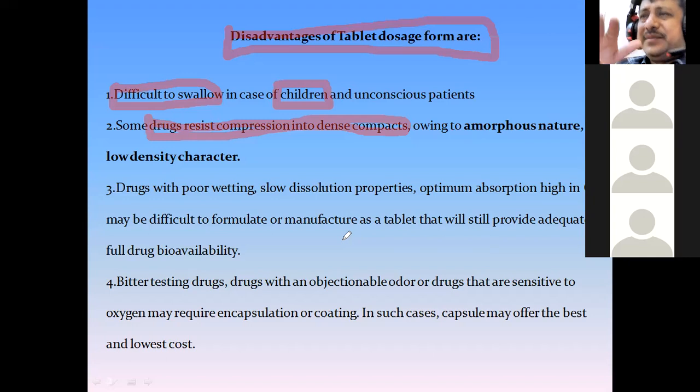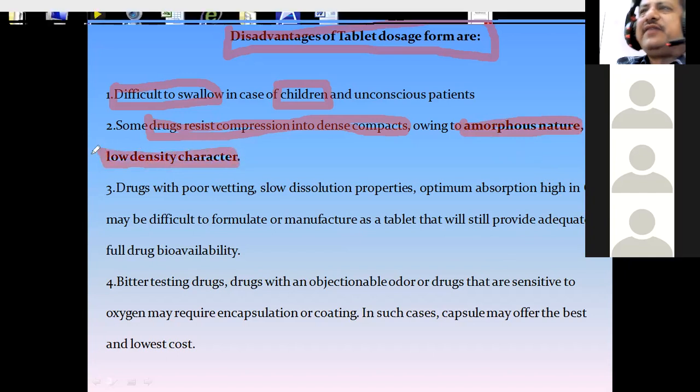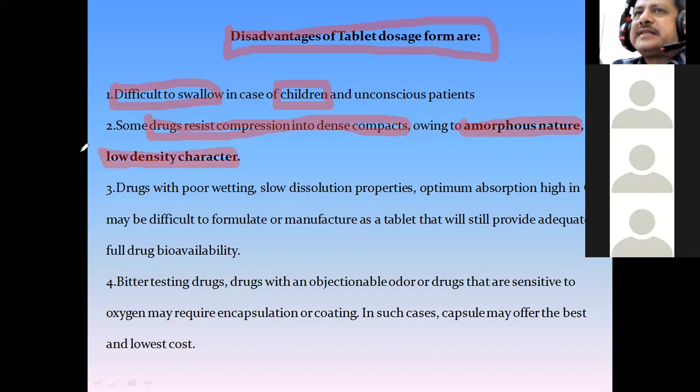Okay, and the basic reason is that if the drug is present in an amorphous nature and it is having low density characteristics, then it becomes very difficult to compress this powder into a compact, that is a tablet dosage form. Okay, so this is the second disadvantage.